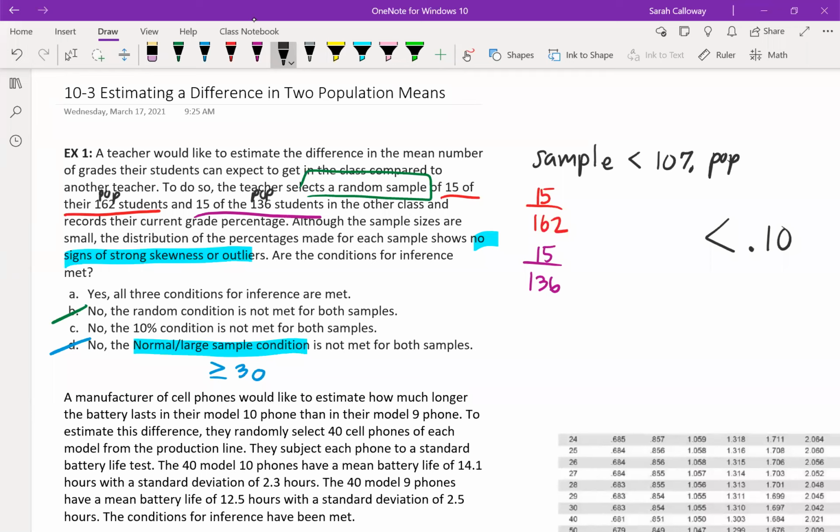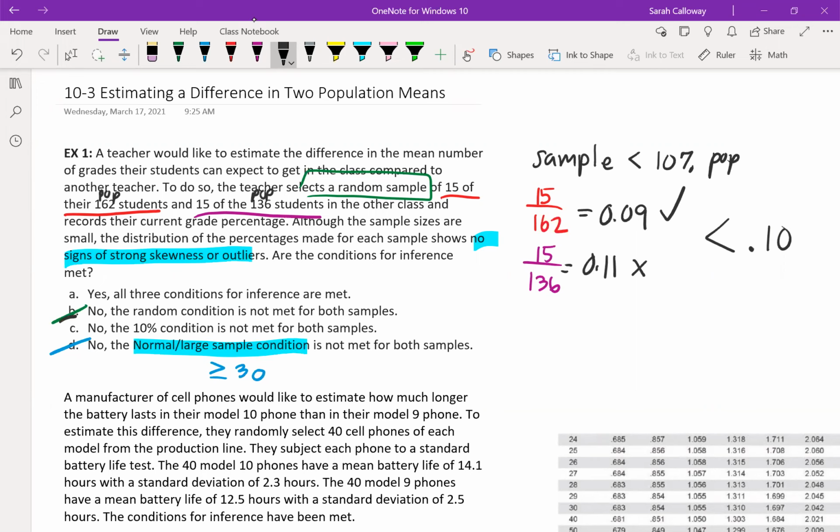So if I divide 15 by 162, that equals 0.09. And so that meets the condition. It's less than 0.10. 15 divided by 136 is 0.11. So that does not meet the condition.